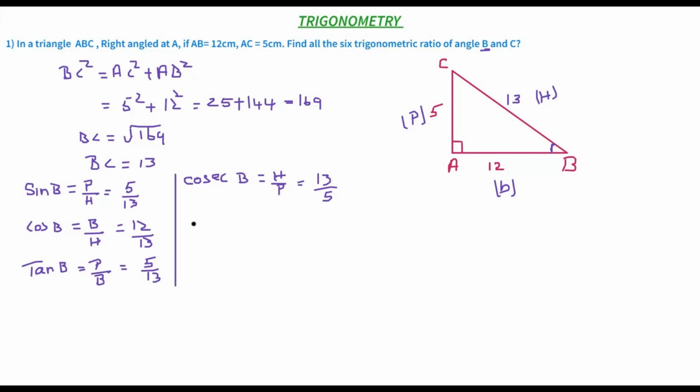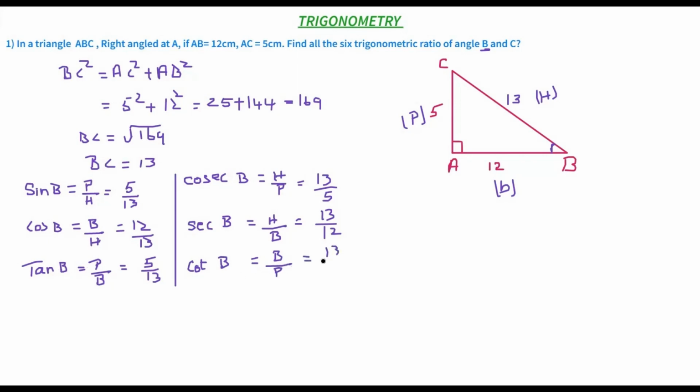Then let's find sec B. What is sec B or secant B? Whichever is easy for you. It is hypotenuse by base. I'm just going to write the reverse of cos B. Hypotenuse by base will be 13 by 12. And the reverse of tan is cot B, which is base by perpendicular. Since tan is perpendicular by base, here it is base by perpendicular.